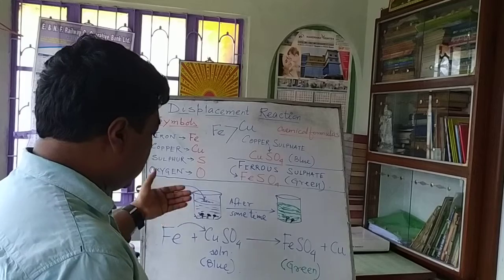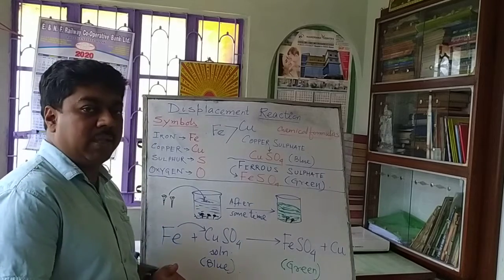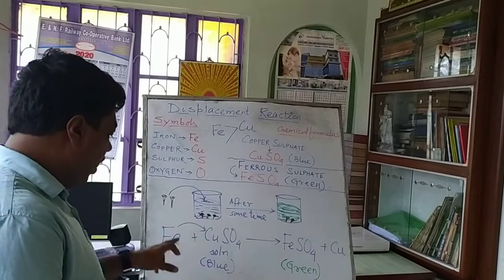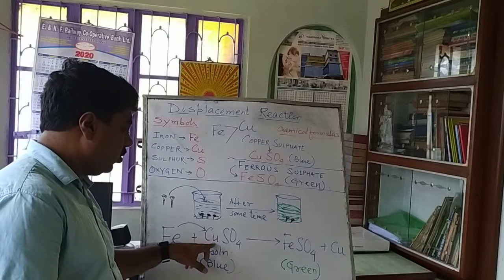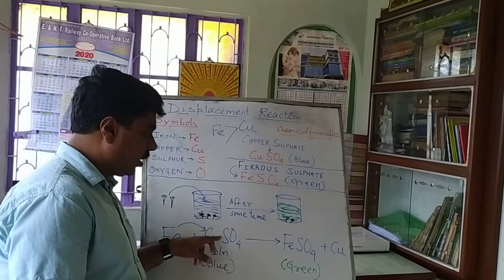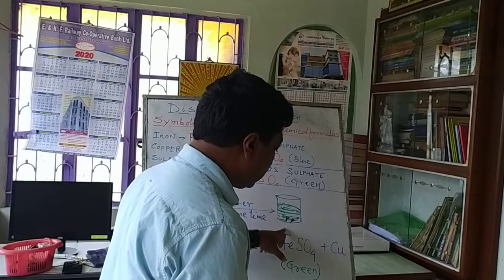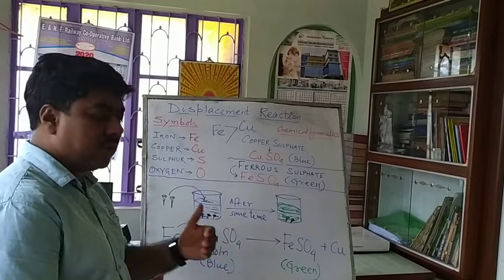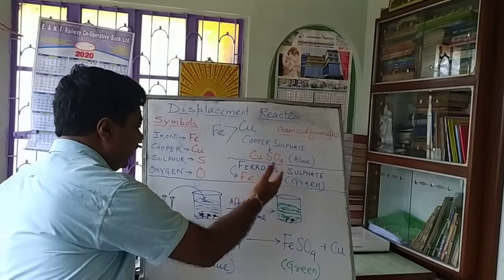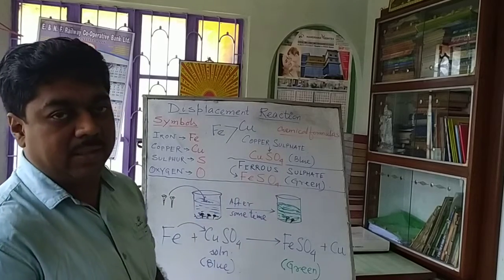So today you have understood about displacement reaction. One molecule of iron reacts with one molecule of copper sulfate to give one molecule of ferrous sulfate and one molecule of copper. And this is observed by this changing of the color.